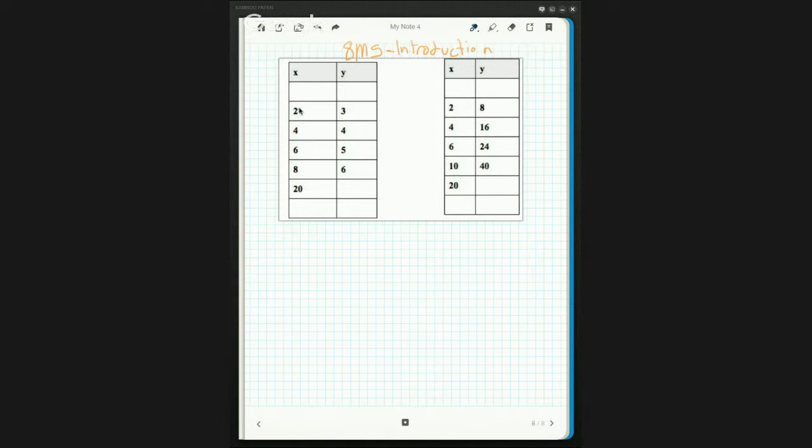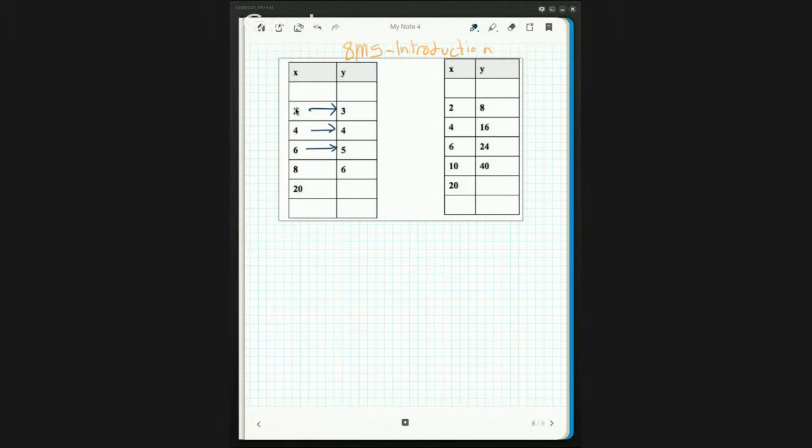So again, in this function over here, I don't know exactly what the function looks like algebraically. I just know what it looks like in this chart. And it means if I put in a 2, I get a 3. And if I put in a 4, I get a 4. And if I put in a 6, I get a 5. And so this is my function. Now, each of these things, remember, is called an ordered pair.